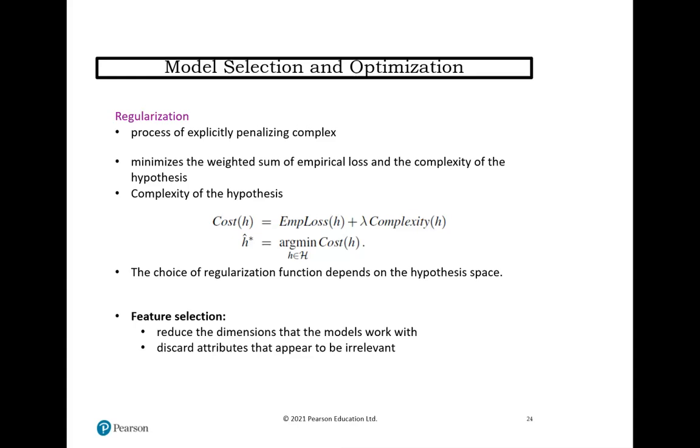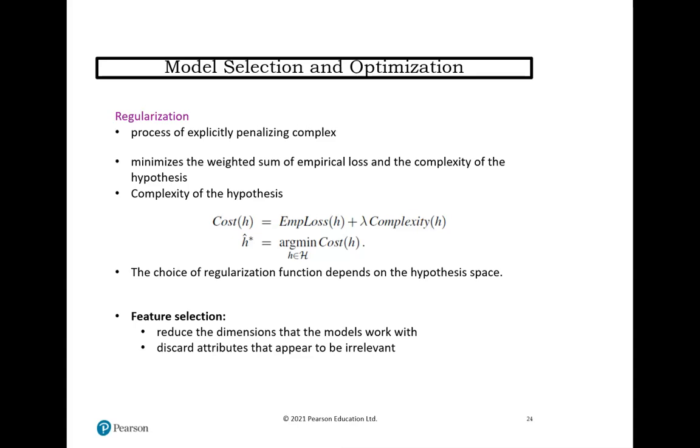So to penalize such models, what we do is we replace the loss function that we just discussed with a cost function, cost of a given hypothesis H. This cost function is made up of the original loss function, which tells you how far you are from the truth, plus regularization parameter lambda times some measure of the complexity of the model, essentially.